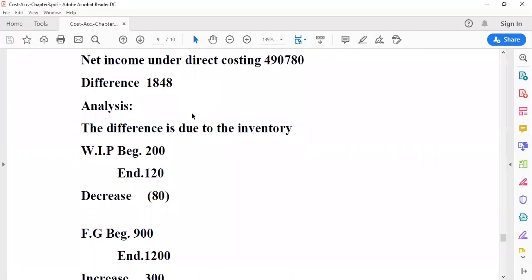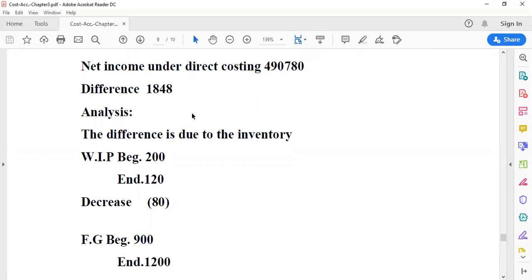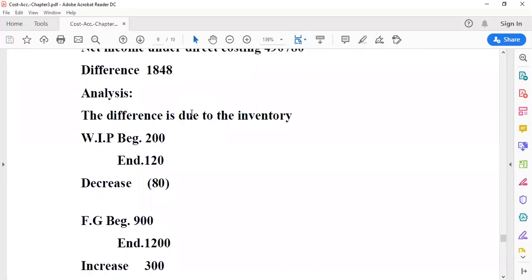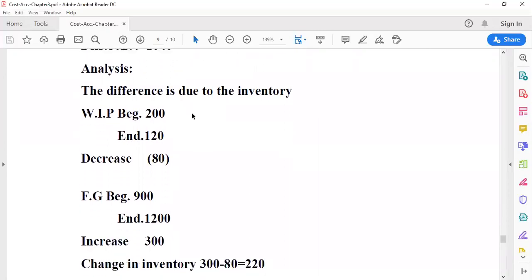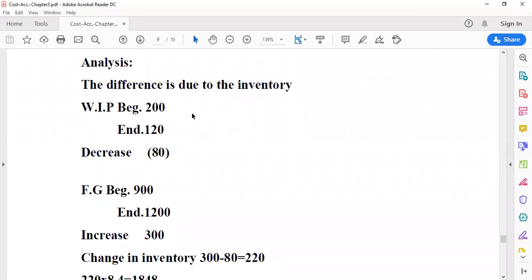This difference appeared due to the inventory. Why due to the inventory? Because any difference in our production depends on our inventory. And what is our inventory here in our example? It is the beginning work in process and the ending work in process.